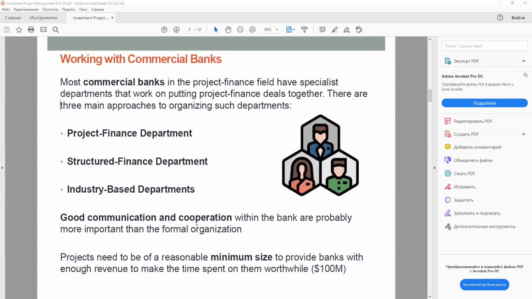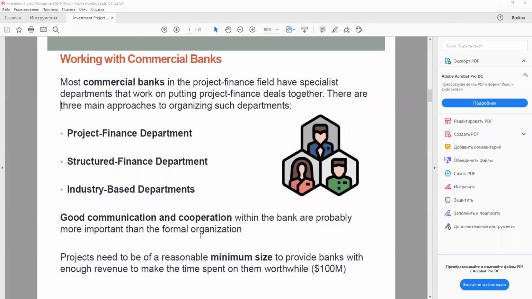So let us go to the discussion about the commercial banks and its structure. Most commercial banks in the project finance field have specialist departments that work on putting together project finance deals. There are 3 main approaches to organizing such departments. The first is to have a project finance department. The longest standing approach is to have a department purely specializing in project finance transactions.